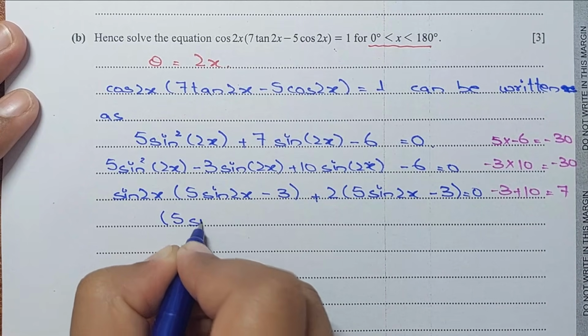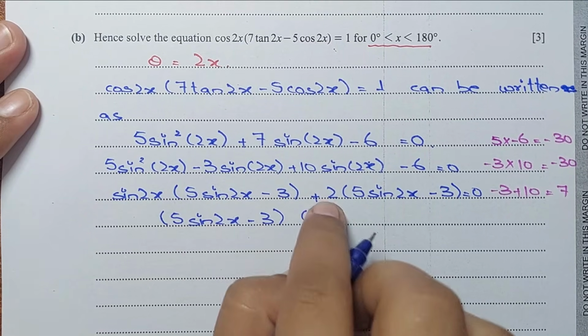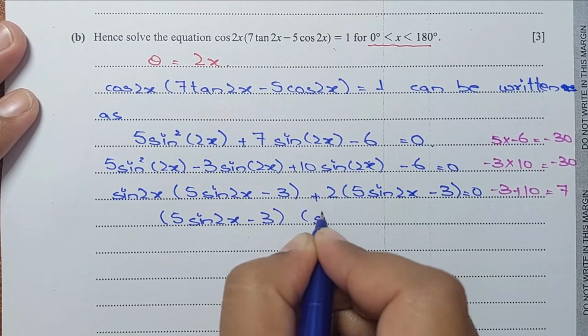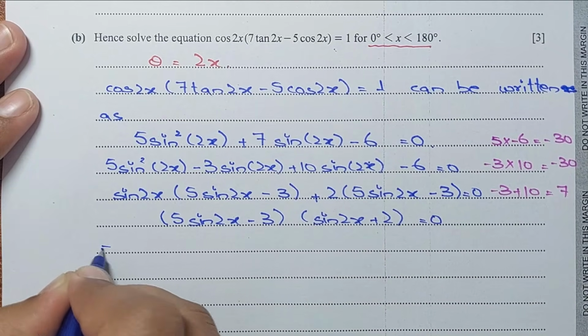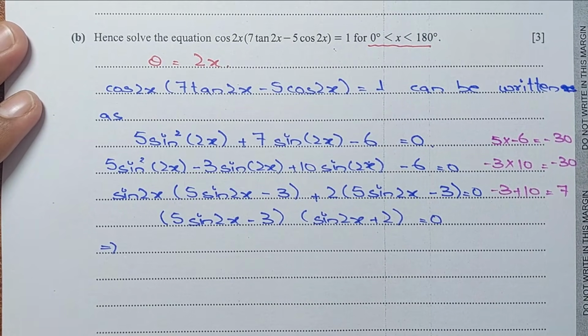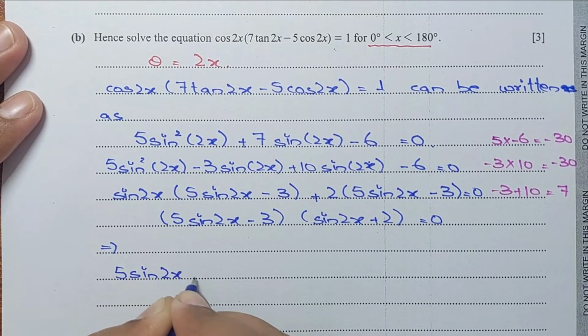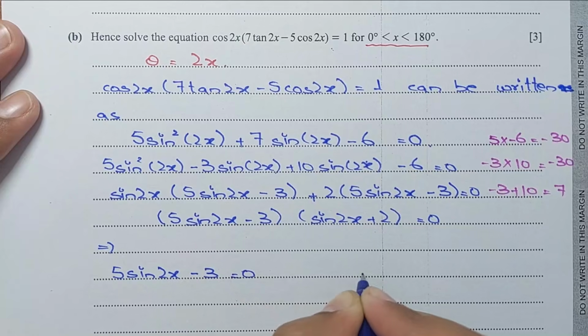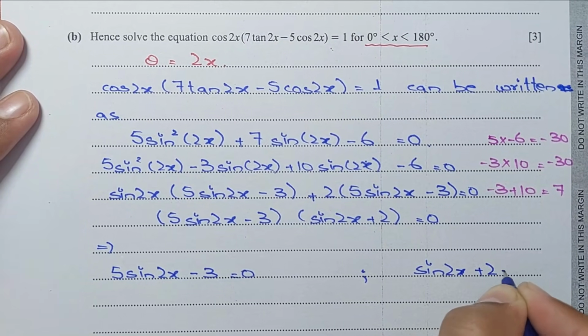So the factors are 5 sine 2x minus 3 and the other factor is sine 2x plus 2 equals to 0. This implies put both factors separately equals to 0. So 5 sine 2x minus 3 equals to 0 and sine 2x plus 2 equals to 0.